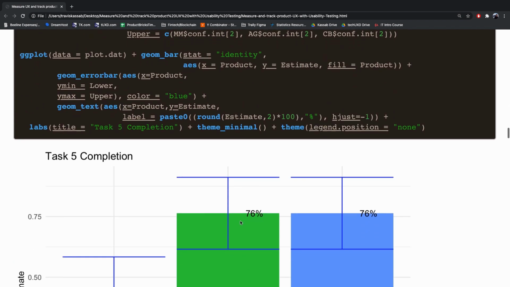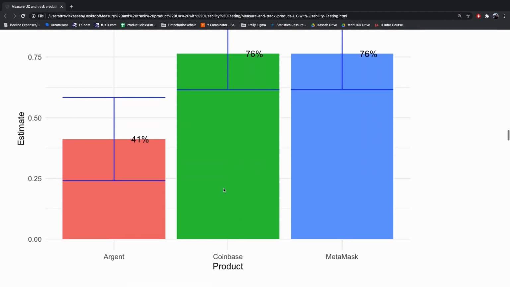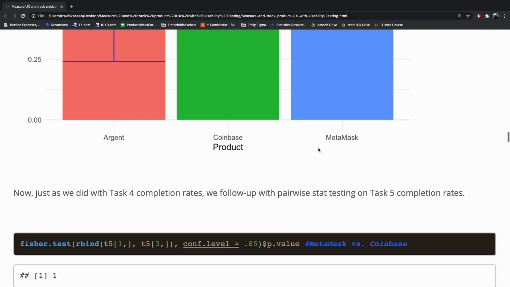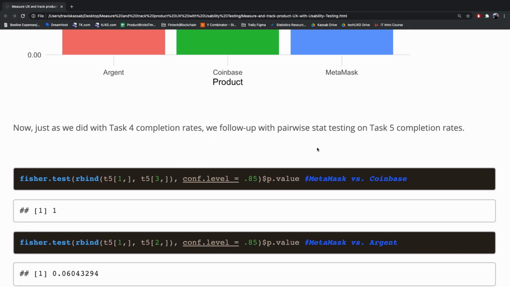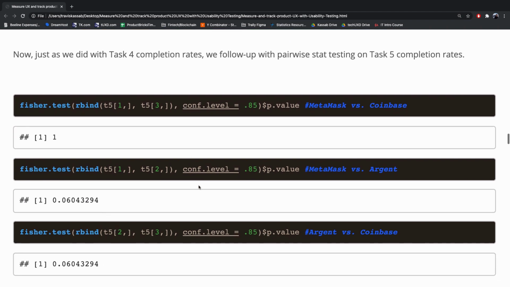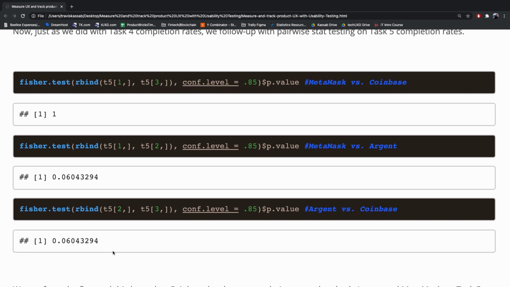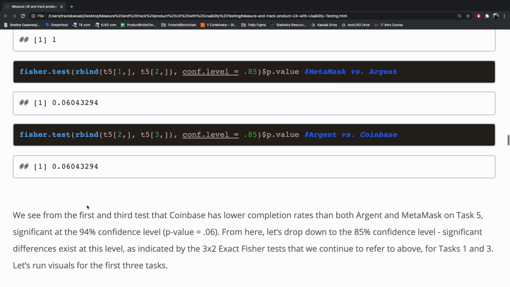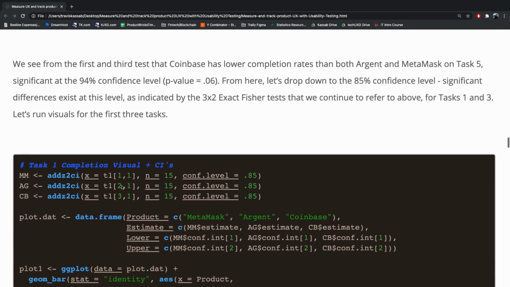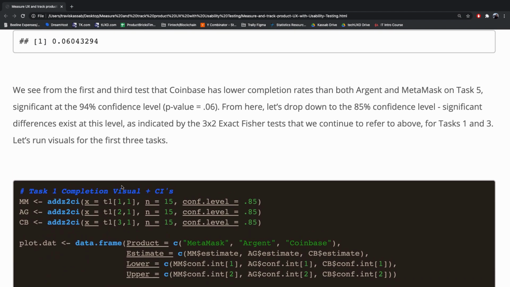Let's do the same thing for task 5. Task 5 completion rate: Argent 41, 76, 76. And then we follow up with pairwise tests to find statistical significance. We see that MetaMask versus Argent and Argent versus Coinbase are significant at the 94% confidence level. At this point, because usually the standard for confidence levels is 95, I'm saying let's drop down to 85.